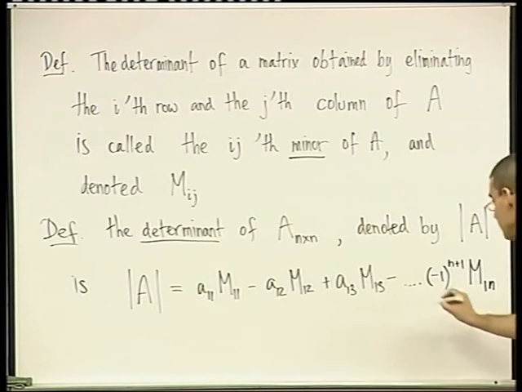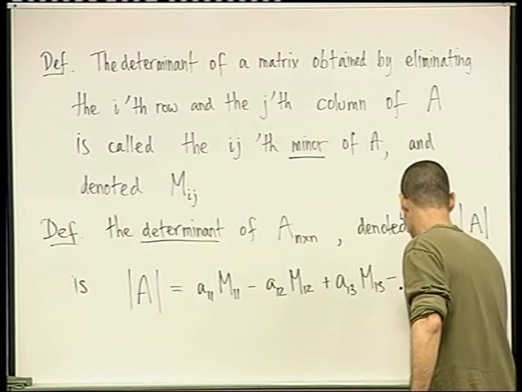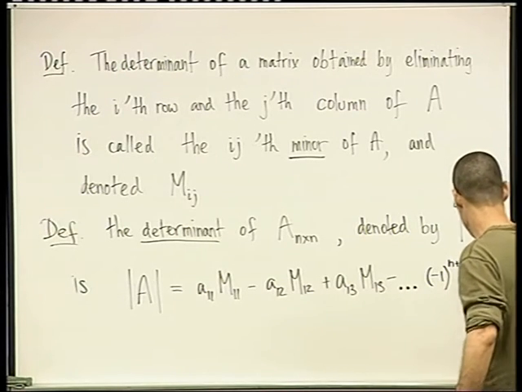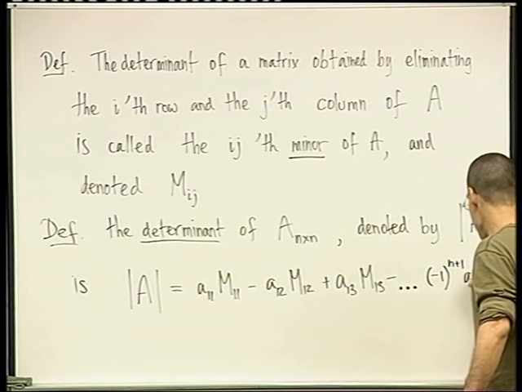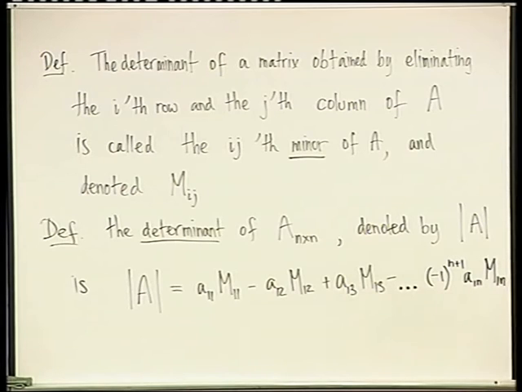That's the last minor. Do you agree? Oh, I forgot A1n. Sorry. Here there's going to be A1n times the corresponding minor, M1n. That's better. Clear? That's the general definition of a determinant.